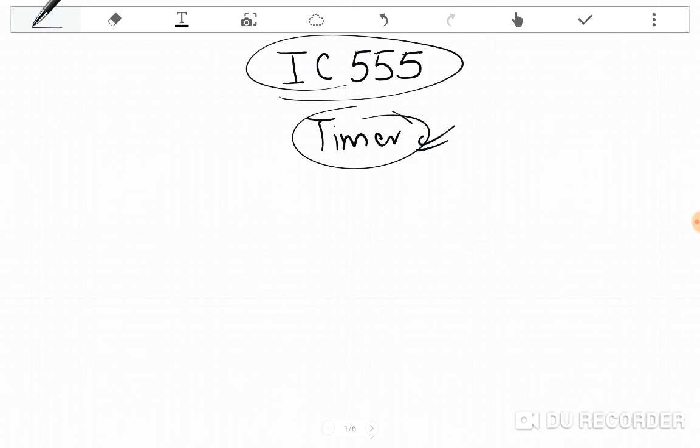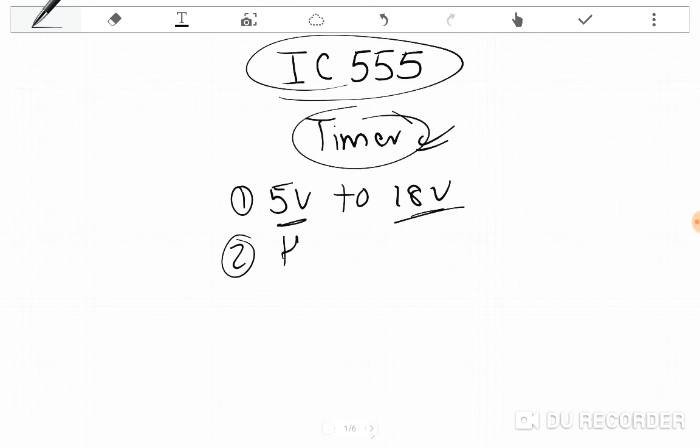IC 555 has a very wide operating range, from 5 volts to about 18 volts. So right from a normal power supply to very high power supplies. The second feature of this IC is its high output current capability.